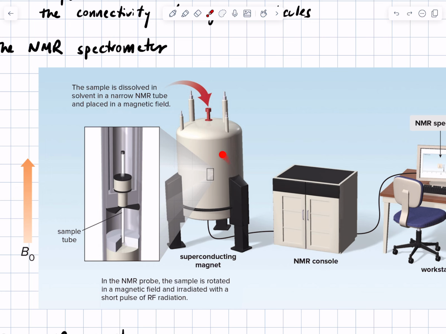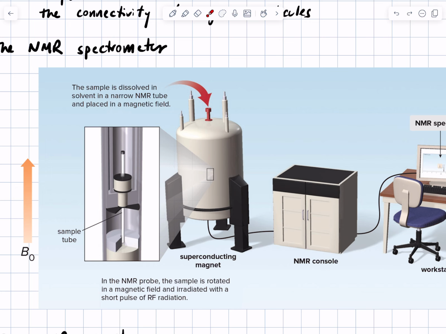Most of this is a really powerful superconducting electromagnet. It's kept cool with, this is like a giant thermos with multiple levels inside. There's a liquid nitrogen level, and then inside that there's a liquid helium level. The liquid helium cools the superconducting coils of the electromagnet. You charge it once, and then it's good to go.